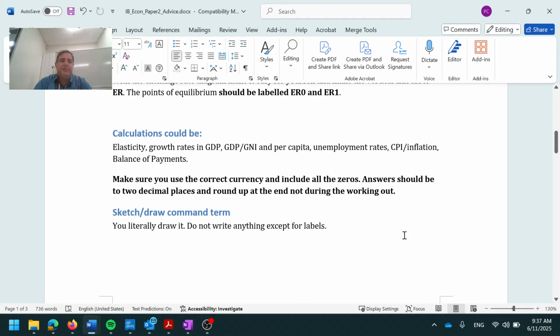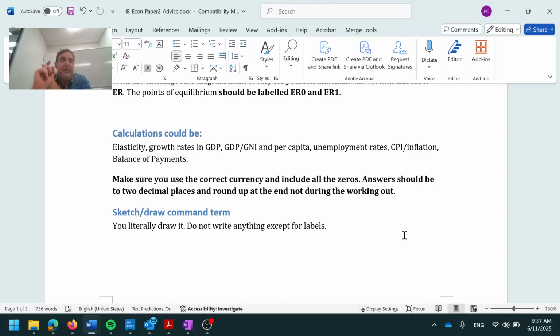So I was just talking to Mr. Keener, just looking at the next little section there on calculations, what could they be? Look, they're usually straightforward. They might give you a table or some data in the text, and you just have to work out very simple calculations that should be bread and butter for you guys. But as you can see, it could be elasticity, growth rates in GDP, GNI per capita.